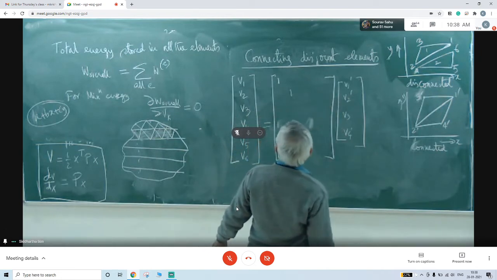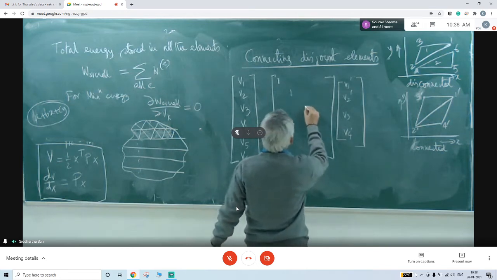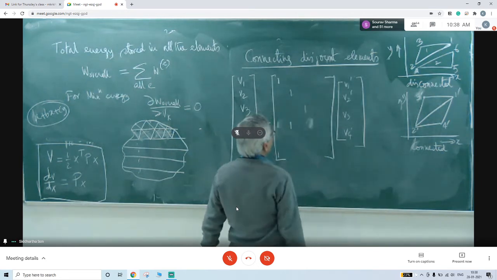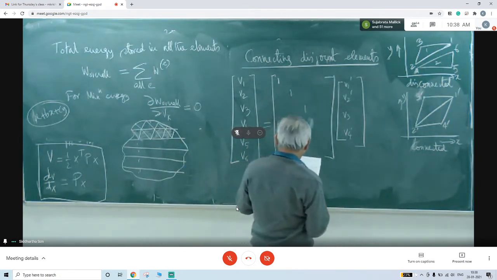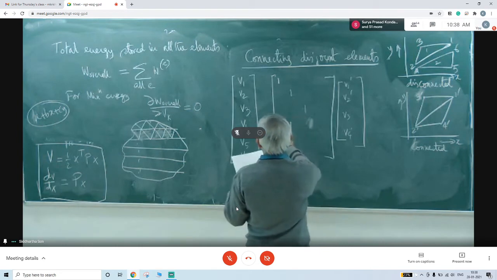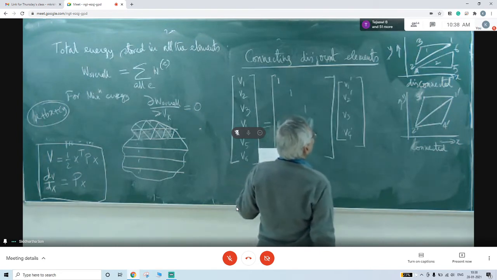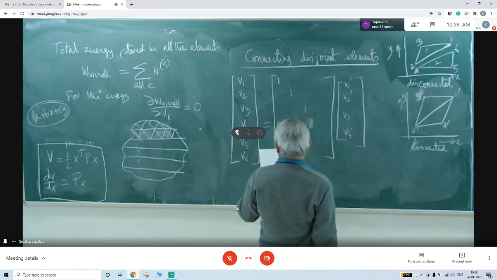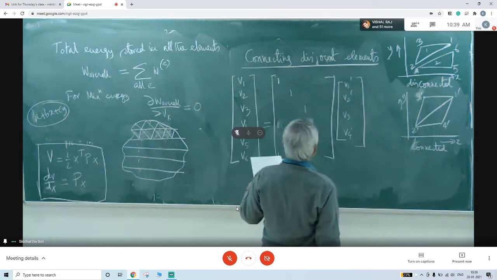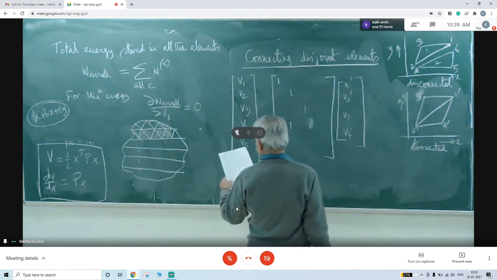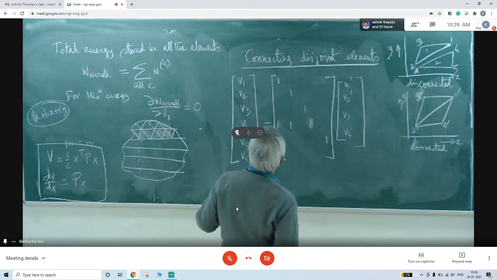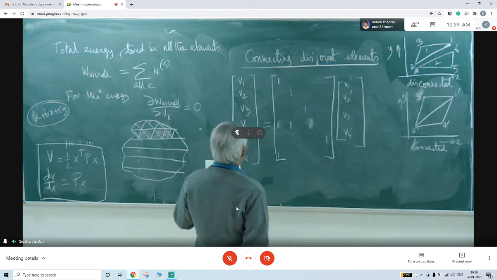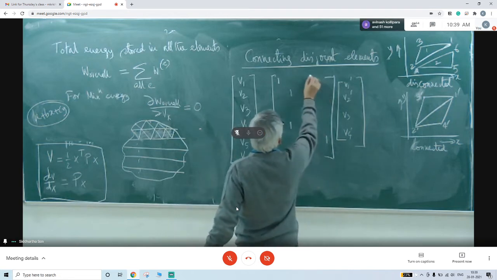Similarly, V3 is uniquely defined, and it is V3 dashed. And V5 is a unique one, that is basically V4 dashed. And V6 is like this here. So all of them are basically zeros here.